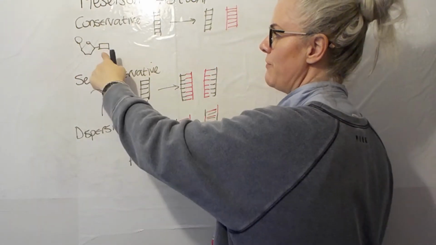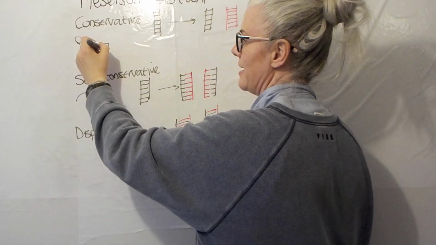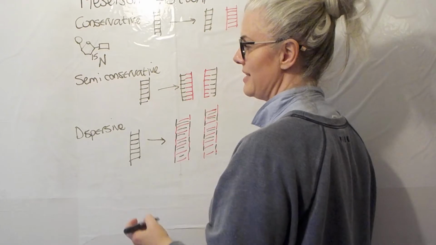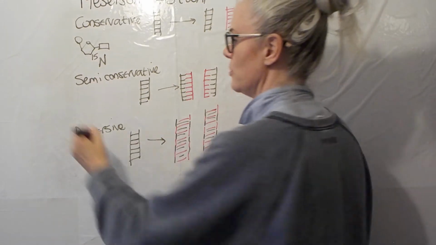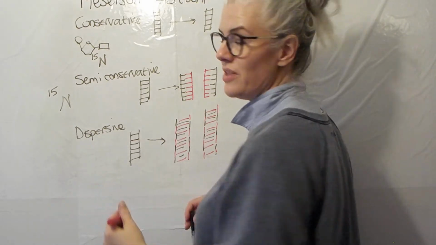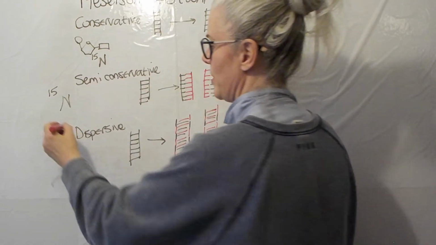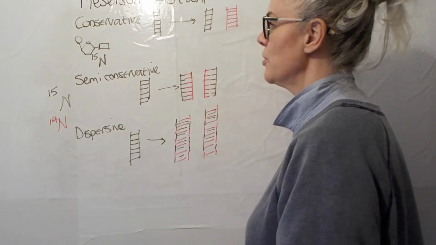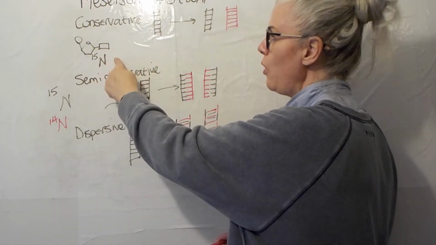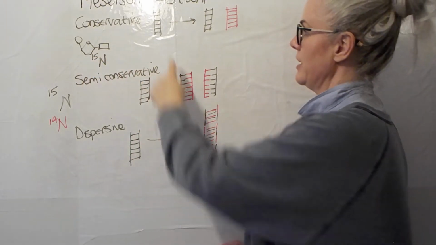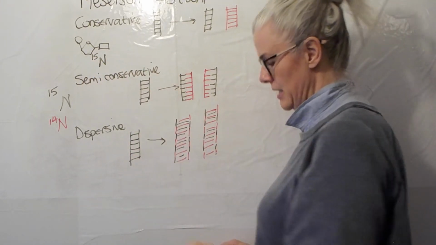Now, they gave them nucleotides containing nitrogen of a particular isotope. Nitrogen exists in two isotopes, N15 and then a lighter version, the version that's predominantly in the atmosphere, which is N14. So they grow these bacteria so that all of their DNA contains this heavier N15. So that's what all of this original DNA is.